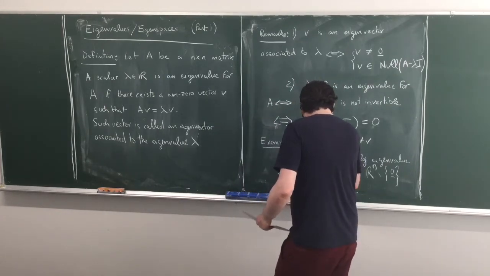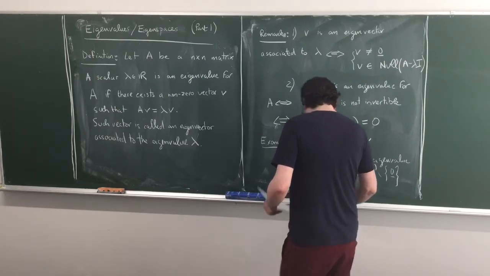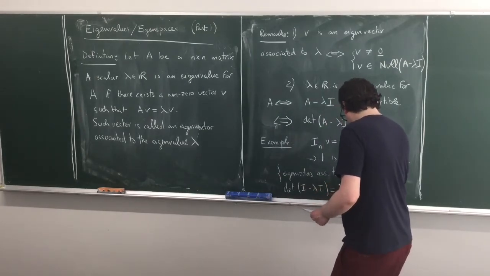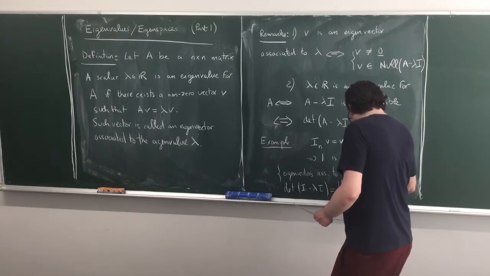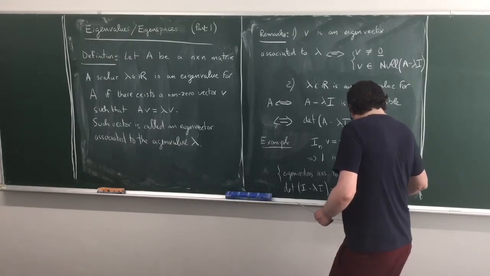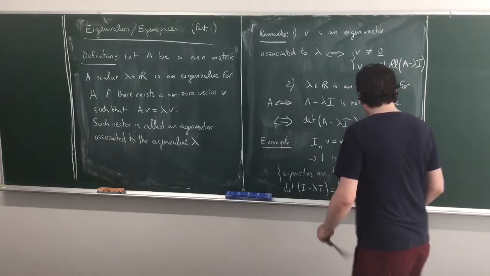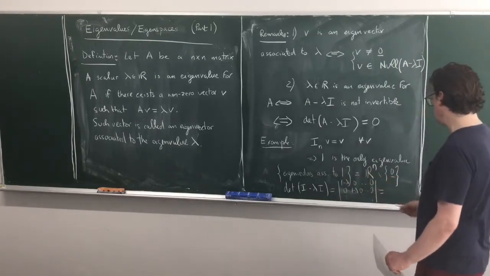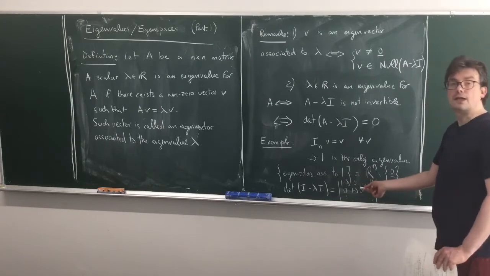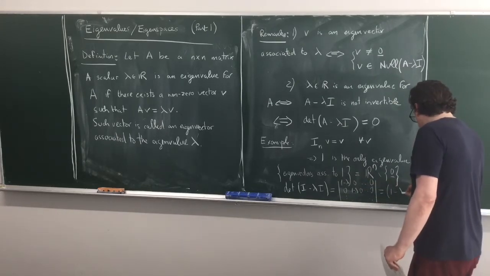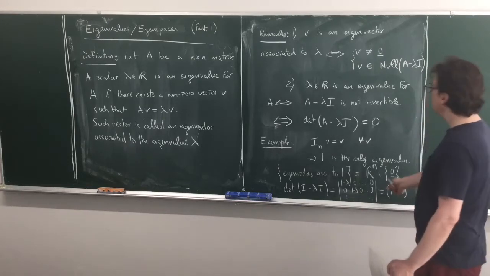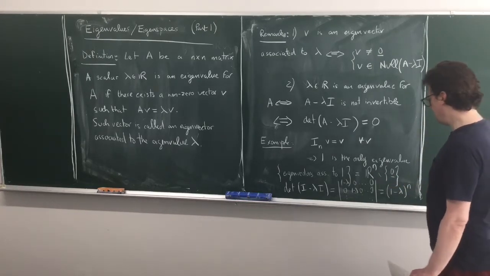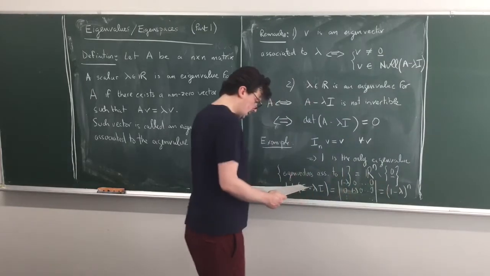So identity minus lambda identity, we will get a matrix with 1 minus lambda, 0, and here 0, 1 minus lambda, then 0, etc. You can see that it is in fact a diagonal matrix, and therefore the determinant is the product of the entries on the diagonal, and we will find 1 minus lambda to the power n, if we started from an n times n matrix. All right.